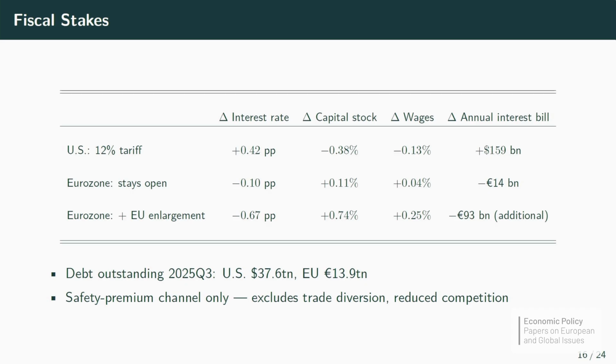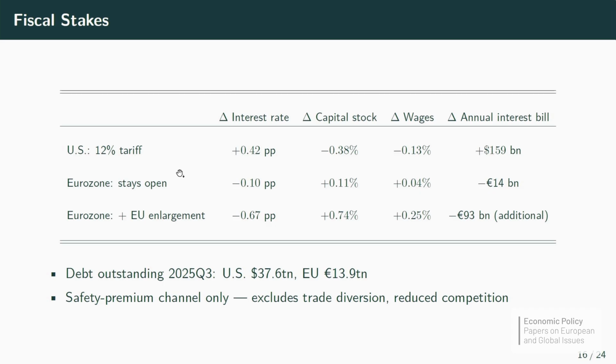One point of analysis we can show is that if you are the US and you are now imposing these tariffs, your currency is less attractive to the rest of the world and your interest rates go up. That has large effects on the fiscal side. We take the US debt outstanding, and if you increase the interest rate on that debt by, say, 42 basis points, which is what's given by our analysis, that increases the annual interest bill by over $100 billion, $150 billion.